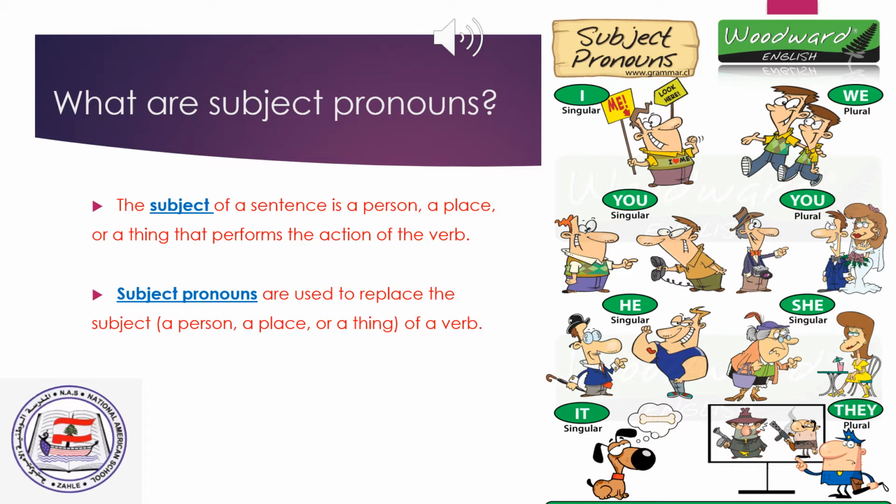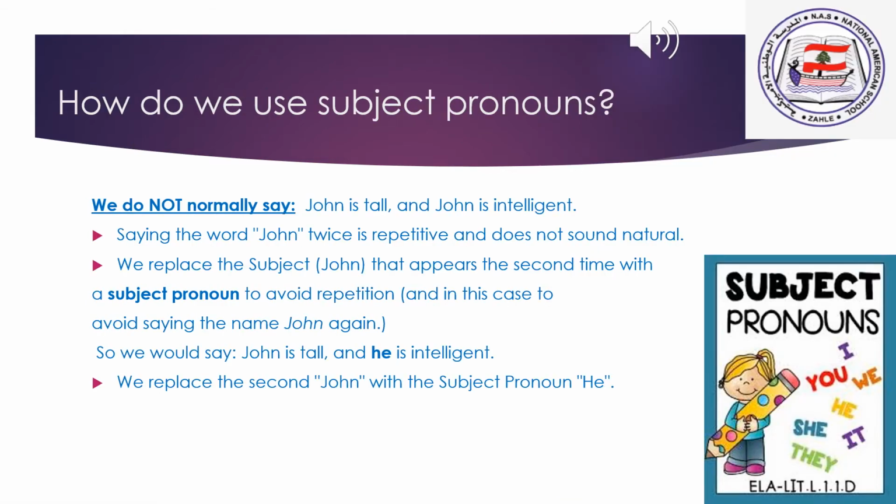Subject pronouns are used to replace the subject, the person, place, or thing, of a verb. How do we use subject pronouns? We do not normally say, John is tall and John is intelligent. Saying the word John twice is repetitive and does not sound natural.